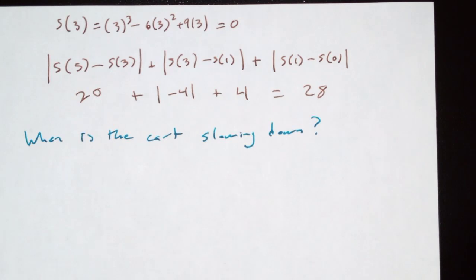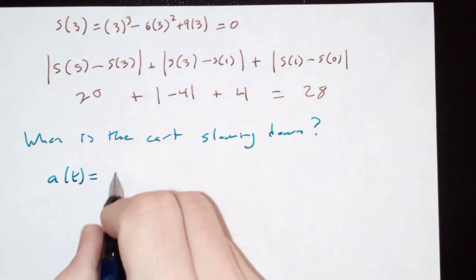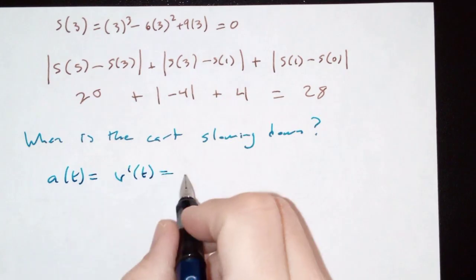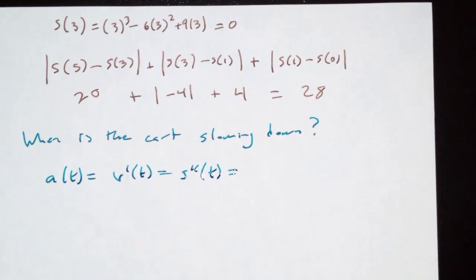Oh, wait a minute. This is change in velocity, isn't it? Change in velocity is acceleration. That's a second derivative. It's the change in velocity, so it's S prime prime. So I need a second derivative.